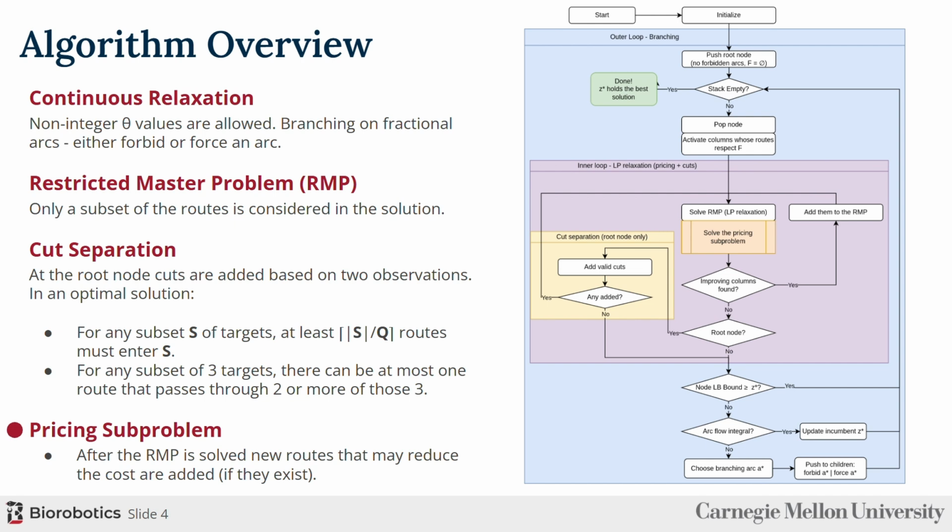If yes, we add it and resolve. If no, the relaxation is optimal for the full set. At the root node, we also separate cuts, which tighten the relaxation, which means a smaller branch tree. Cuts are basically valid inequalities that allow us to limit the search space. The bottleneck in all of this is the pricing subproblem, so let me spend the rest of the time there.